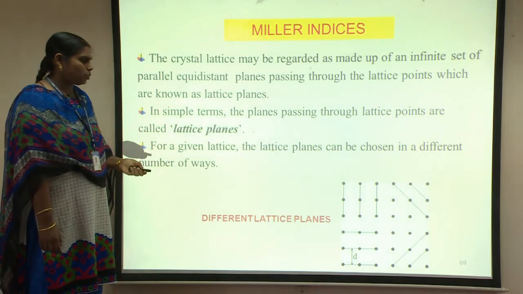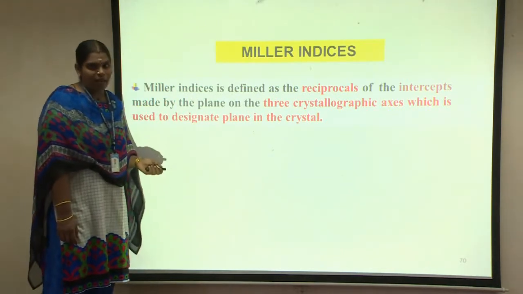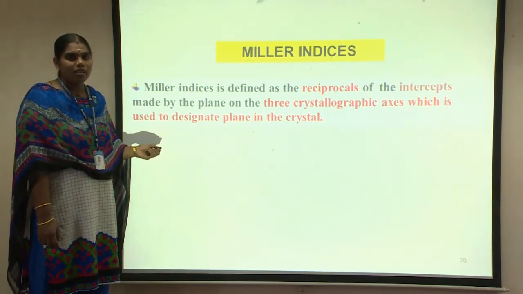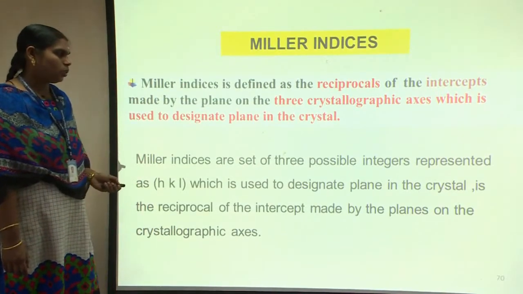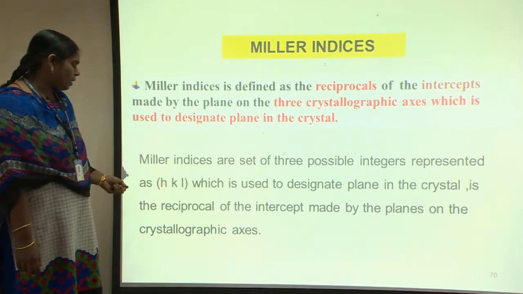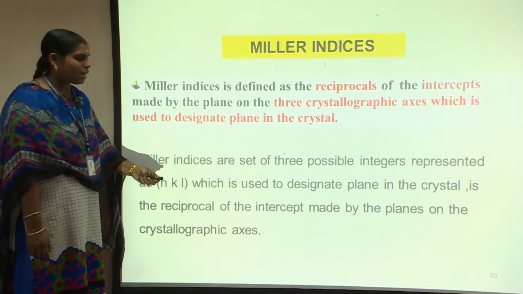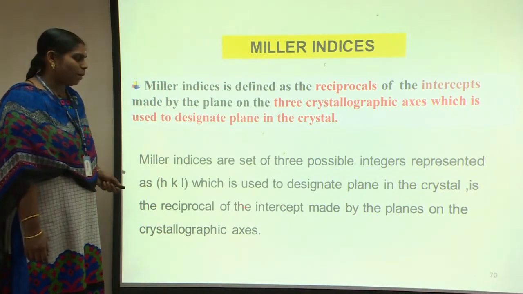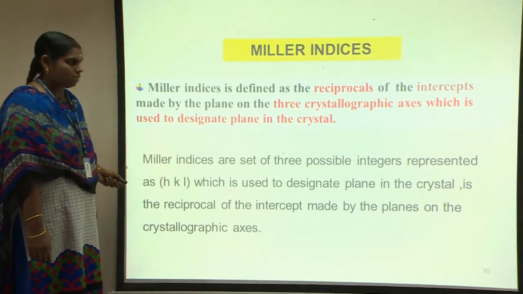These are used for the designation of planes in crystals. We define Miller indices as a set of 3 integers which are the reciprocals of the intercepts made by the plane on the crystallographic axes. They are used to identify or designate a plane in a crystal.